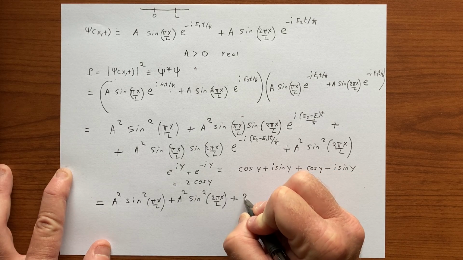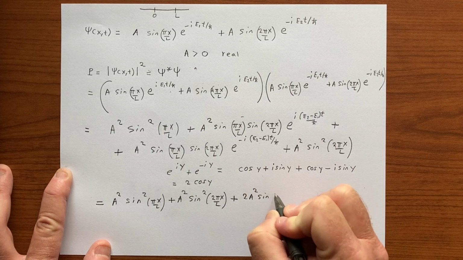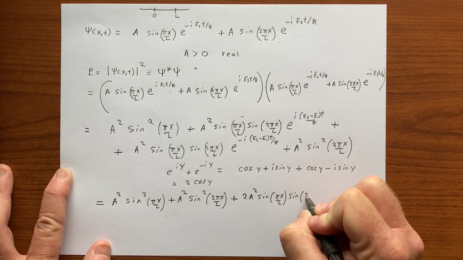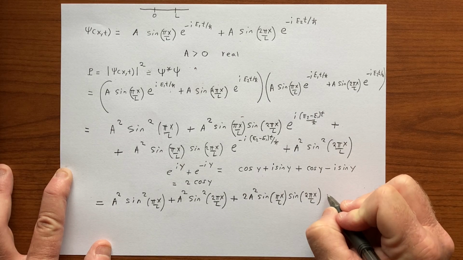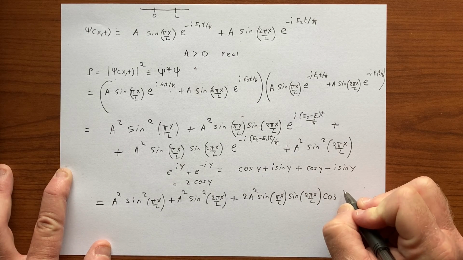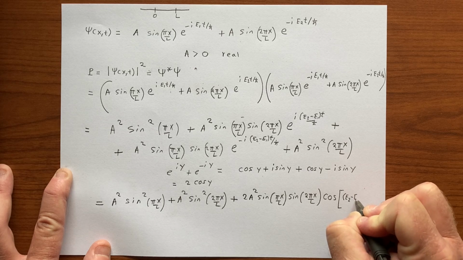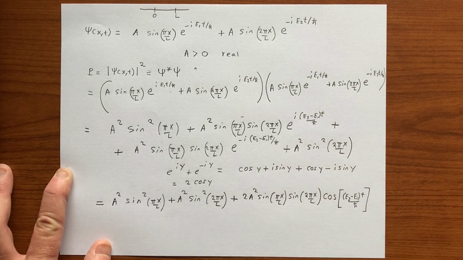So we have 2A squared sine of pi x over L sine of 2 pi x over L times the cosine of the difference in energy, (E2 minus E1) t over h bar.